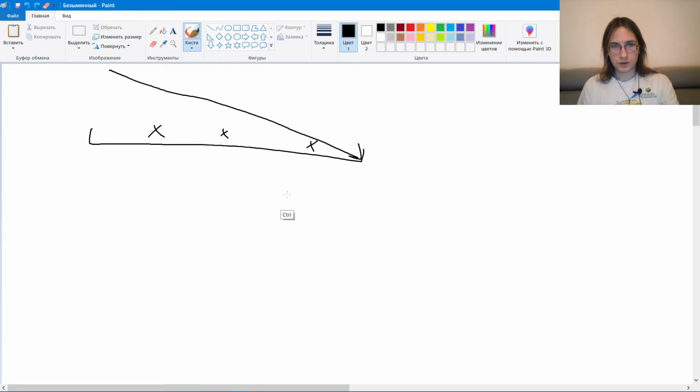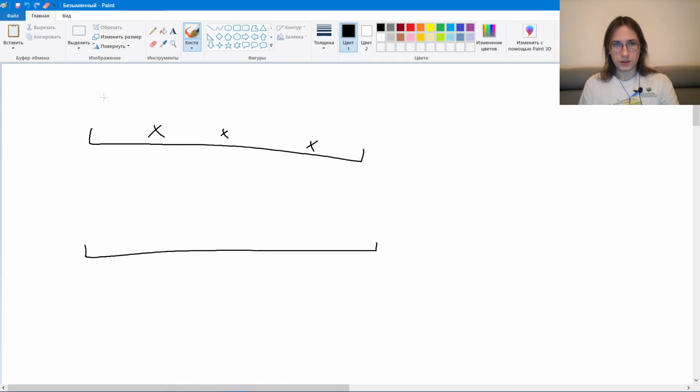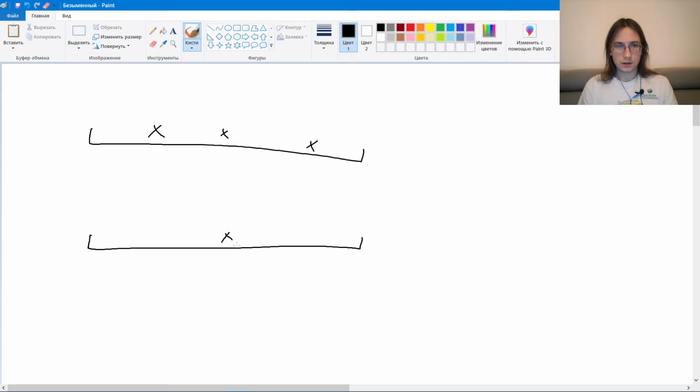So I will not draw this arrow. Just know that both of those arrays are in decreasing order. So this is the initial version of the array, and this is the new version of the array after the operations of type 1. And those numbers are now occurring later in the array because they were decreased.